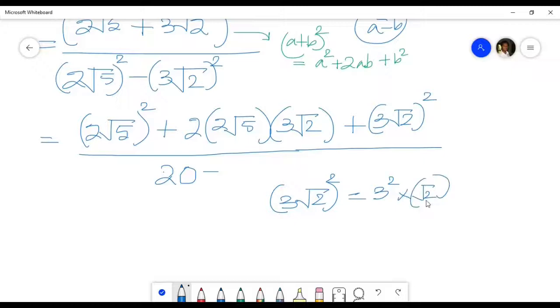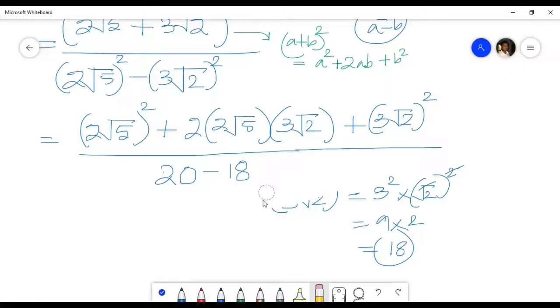Square and square root cancels, leaving it as 2. 3 square is 9 into 2. When we multiply it, we get 18. 9 2s are 18. So we got the value for the second term of the denominator as 18. Okay, I'll just erase the rough part that I have done, and we'll simplify it further.